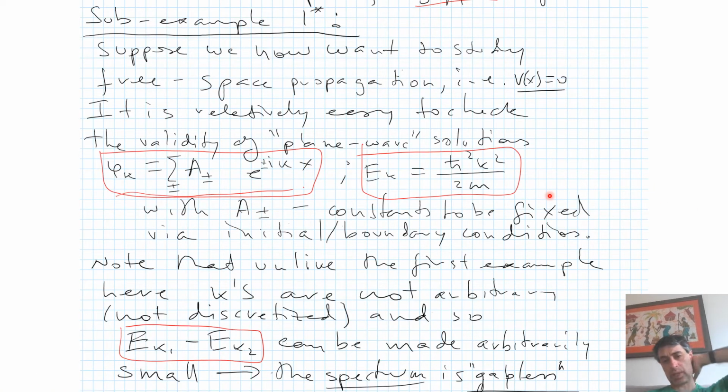Now, we can take this example and tweak it. In particular, if we let the size of the box increase, this box could be a model of a very large space, maybe even the universe. And so what you expect is that the spectrum should go gapless because the spacing appeared in the denominator.